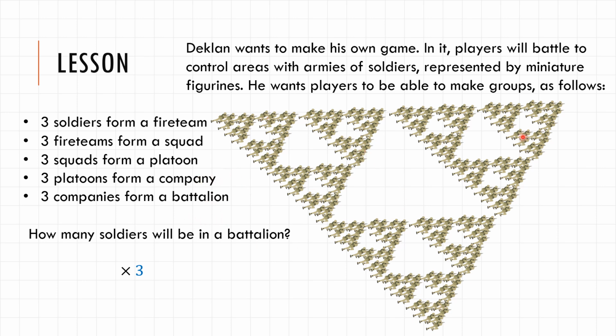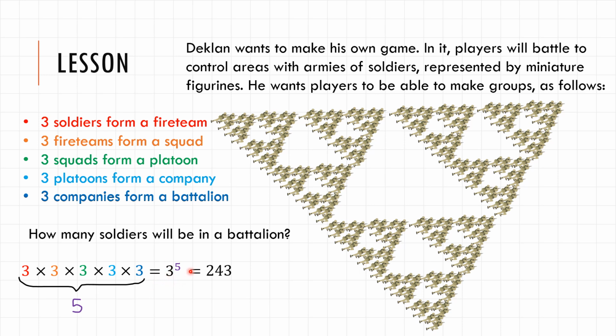Very similarly here, instead of doing 3 soldiers in a fire team times 3 fire teams in a squad times 3 squads in a platoon times 3 platoons in a company times 3 companies in a battalion, instead of multiplying the same number by itself 5 times, we're going to use another operation now, and this is one that you should have learned already by this point.